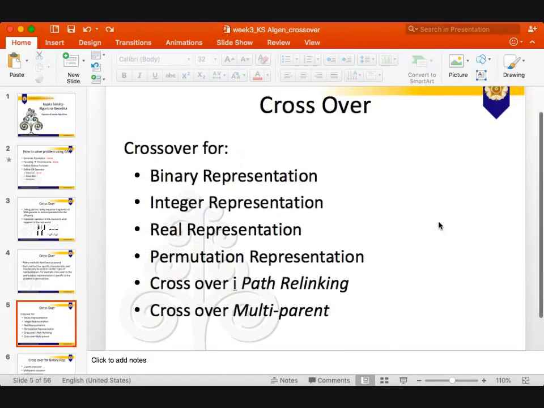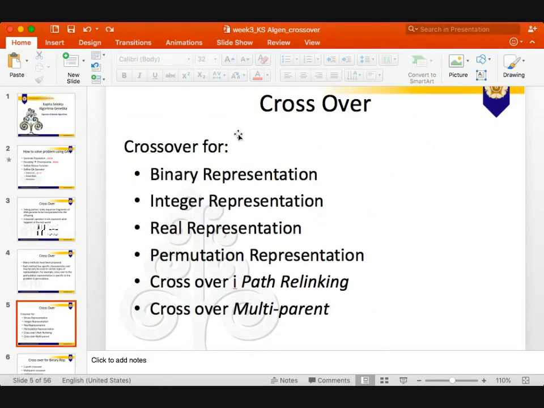Okay. Crossover methods based on the chromosome representation or based on the encoding method. For example, crossover for binary, for integer or real, and permutation, maybe they have different methods.